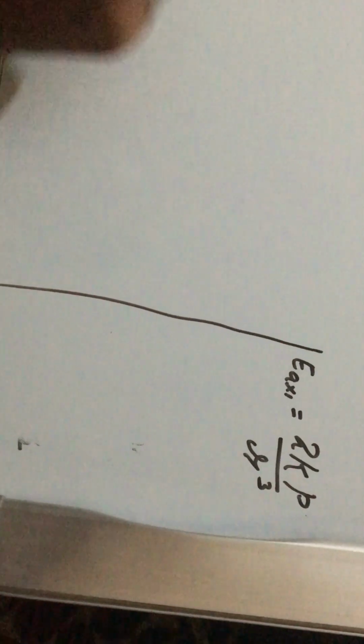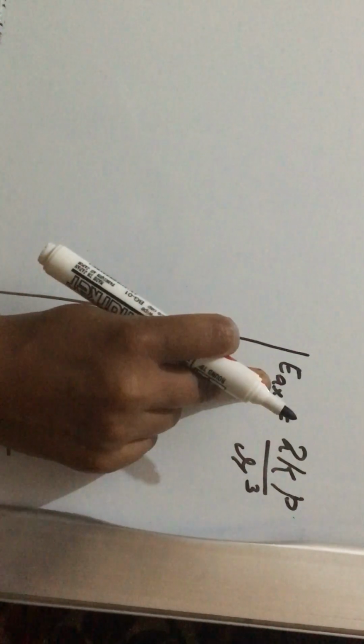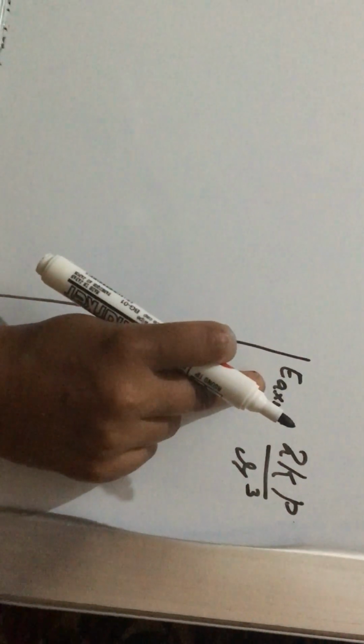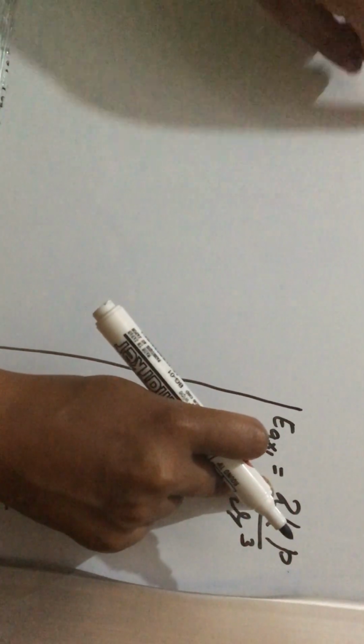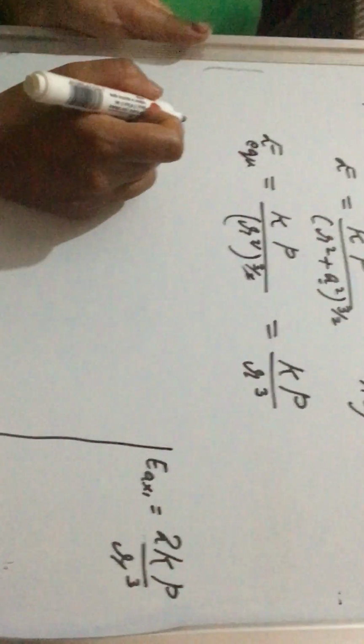That means in the axial line, the electric field will be double to that of the equatorial line, right? Yes or no?